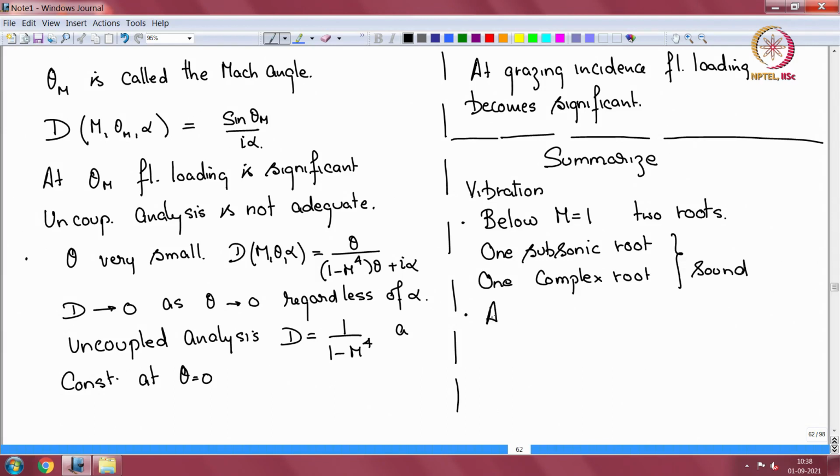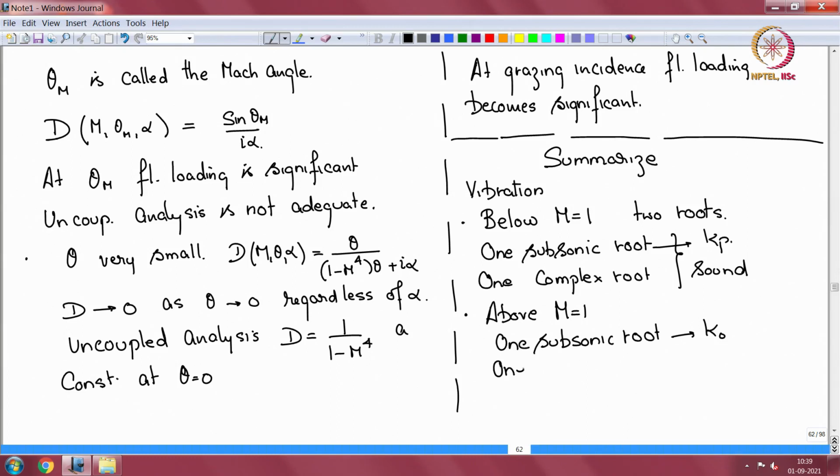Then above coincidence, we have one subsonic root. So let's say this subsonic root is near Kp. We get one subsonic root, okay, that is near K0.